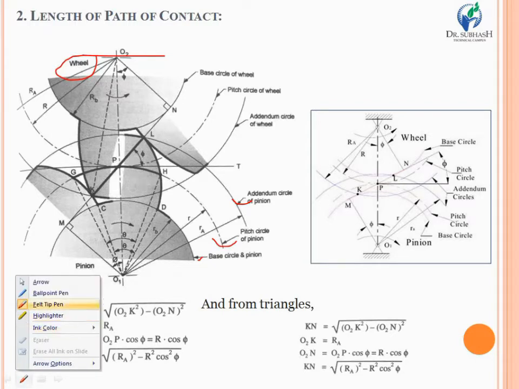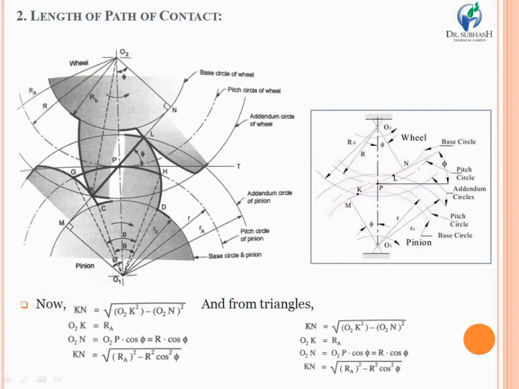Now if you look carefully at both the pinion and the gear wheel, there is a pitch point P, which is the common point of contact between both of the gears. The contact between a pair of involute teeth generally begins at point K and ends at L. Suppose this gear wheel and pinion are rotated; of course both of the teeth should engage at some point and disengage at some point.